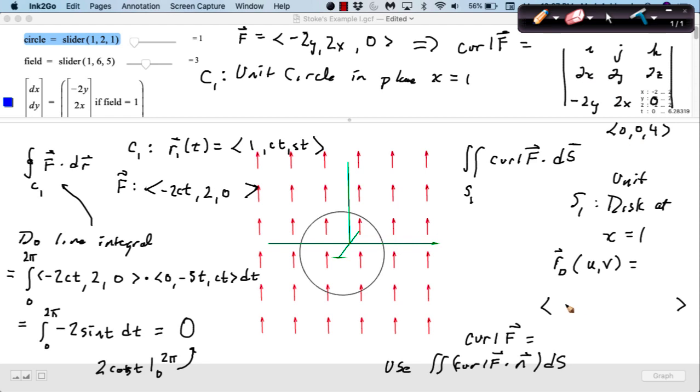Okay, parameterization of that disk. All the x coordinates are 1, right? And then what are we going to use for u and v? U and v are going to mean what to parameterize all the points inside there? Yeah, we're going to need an angle. We need angle and then distance from the center, right? To get all those points. So this could be like u cosine v and u sine v.